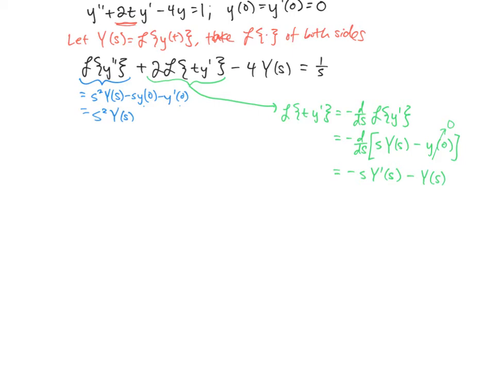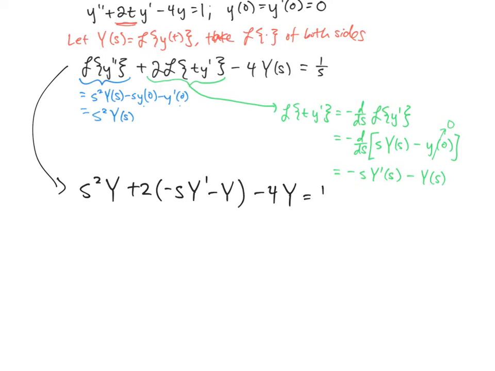Back down here, we get s squared times capital Y, and I'll drop the s again, plus 2 times negative s y prime minus y, minus 4y equals 1 over s.